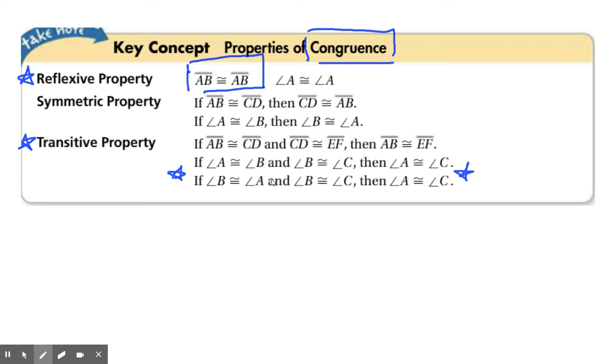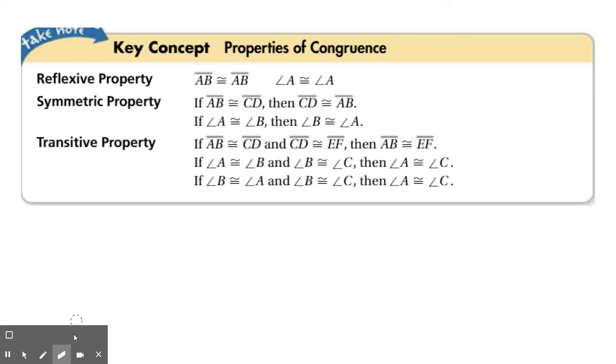Okay. All right. And again, if you look at this transitive property, look here at this. Let's ignore this one right here. Oh, you know, I like that because they talk about the order doesn't really matter. Watch, right? So I actually like this. So sorry about that. Okay. So if we look at these two lines, right? Again, if angle A is congruent to angle B, and angle B is congruent to angle C, again, there's that B and B. Cross them off.